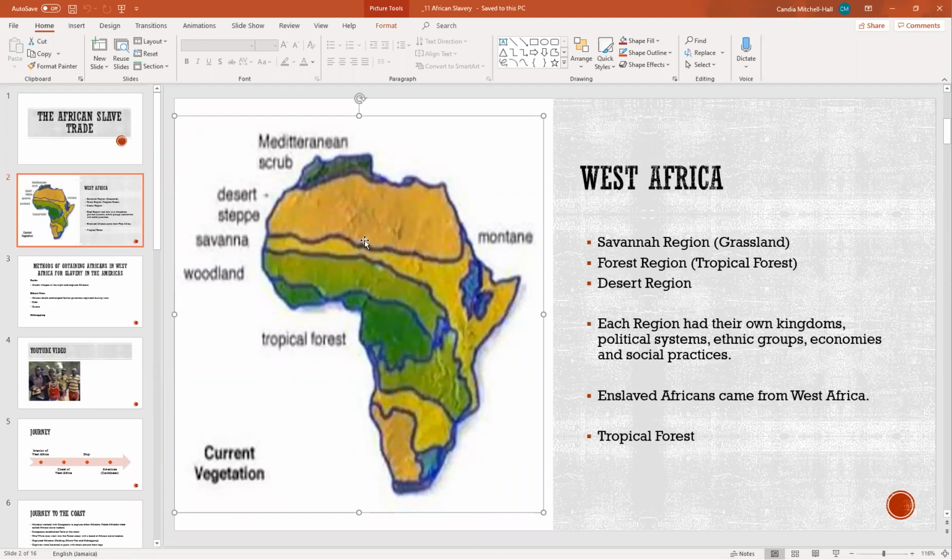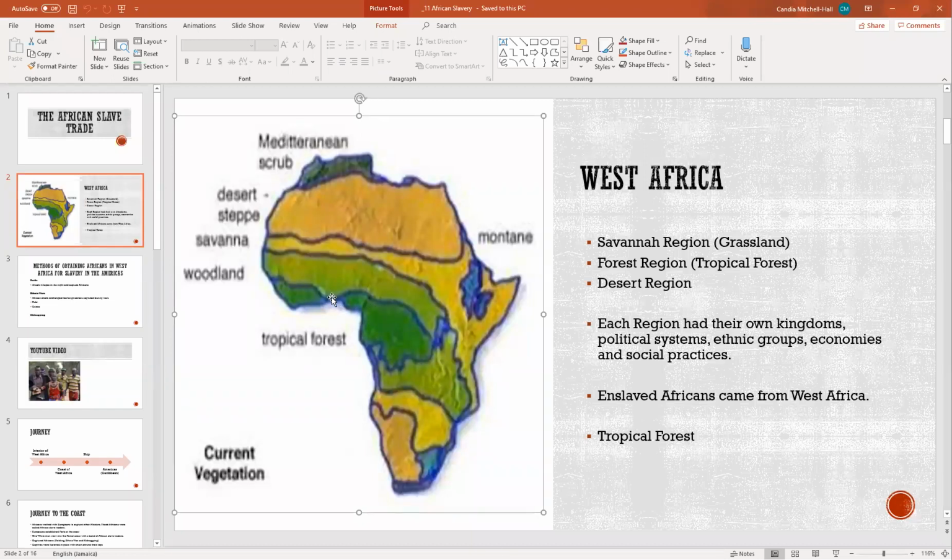Then we also have the Savannah region, which is along here, and this region is mostly grassland. And also you have the tropical forest area, which is here, dark green along here.